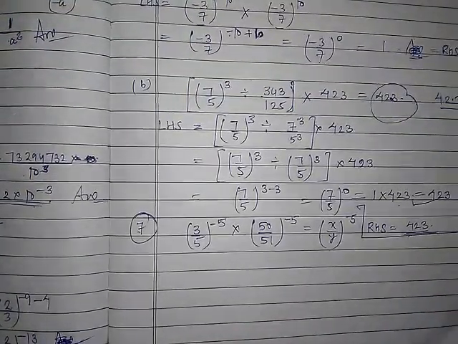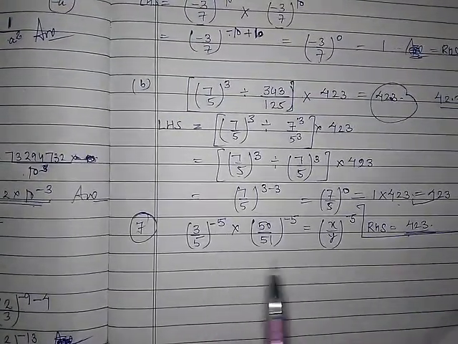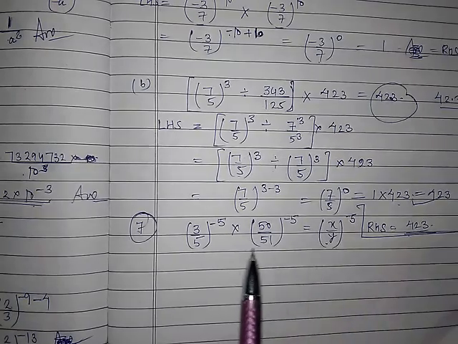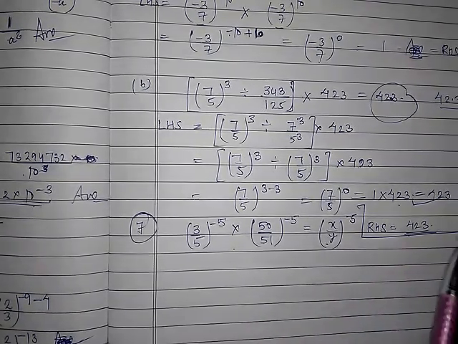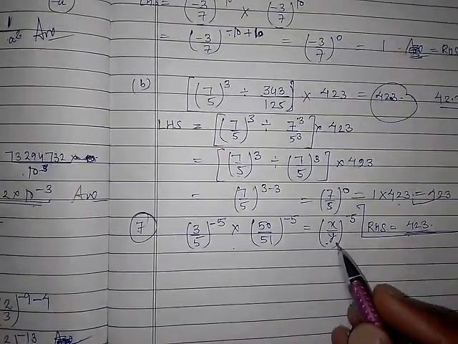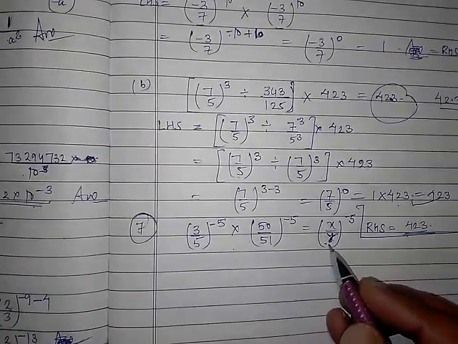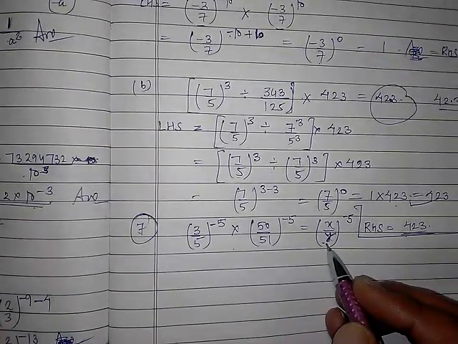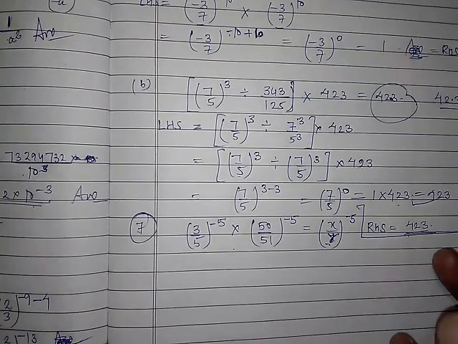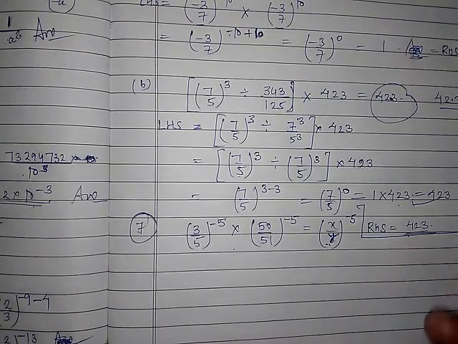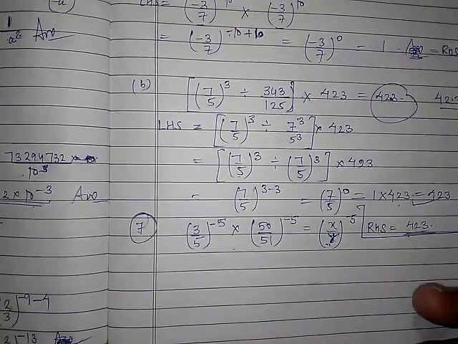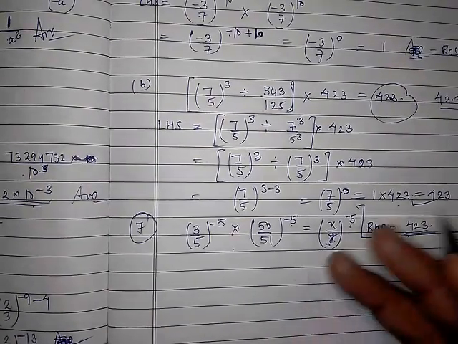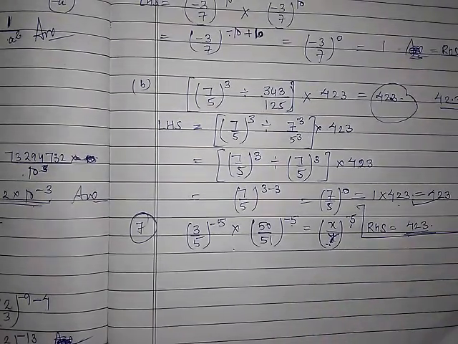Now how can you do this? Always in this type of question, you have to make the bases of both sides equal to each other. But here we are not aware of the base on the right hand side. So the other option with us is to make their powers the same. If the powers are the same, then definitely their bases will be the same.